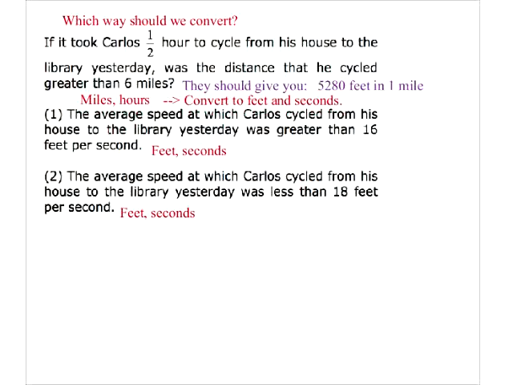So this is 6 miles per half hour, so that's 12 miles per hour. So the question is, did Carlos go more than 12 miles per hour? So we need to convert 12 miles per hour into feet per second.